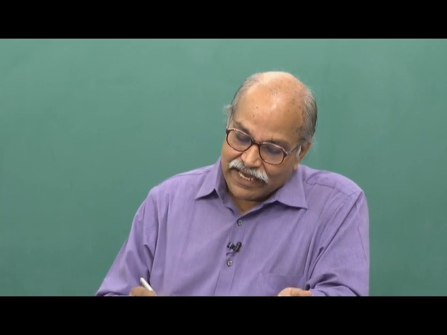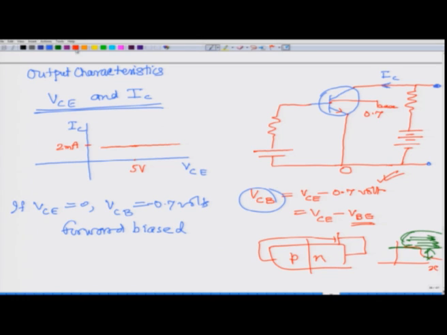So, at some stage this has to decrease from here, and then it goes to 0, something like this. This particular point where the collector is not able to efficiently draw these electrons, or if it is a PNP transistor, holes, is known as saturation.